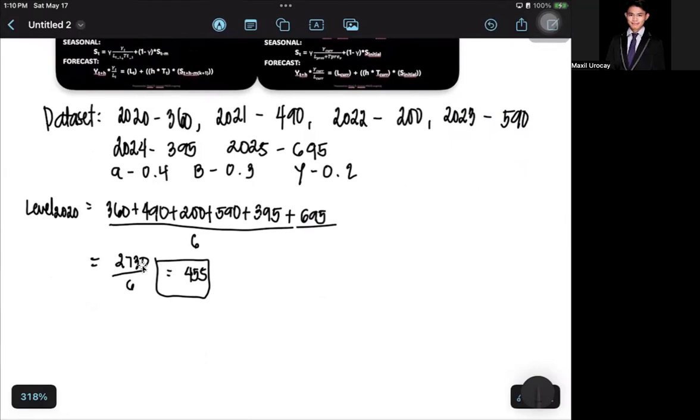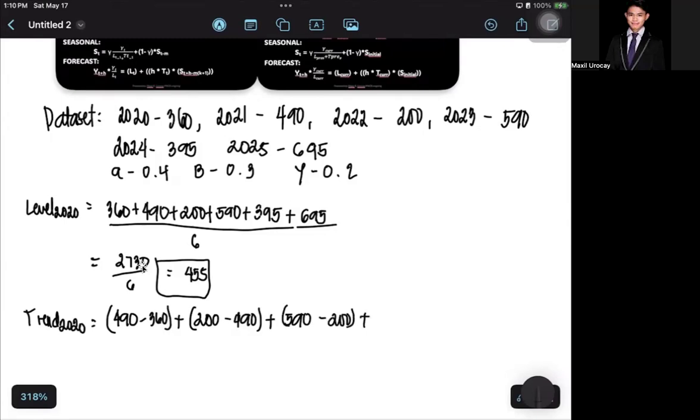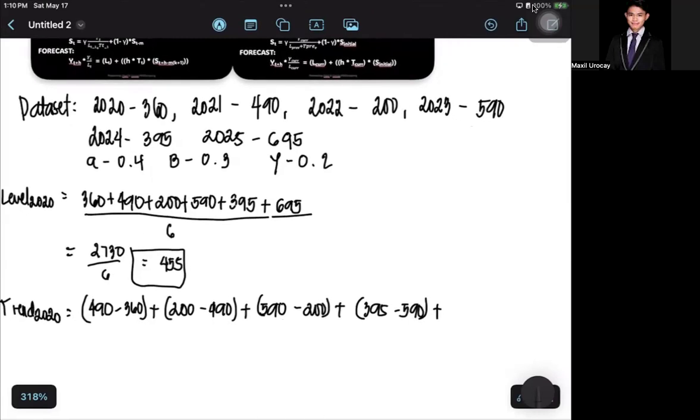For the trend of 2020, it's the same idea: 490 minus 360, then 200 minus 490, then 590 minus 200, then 395 minus 590, and afterwards 695 minus 395.